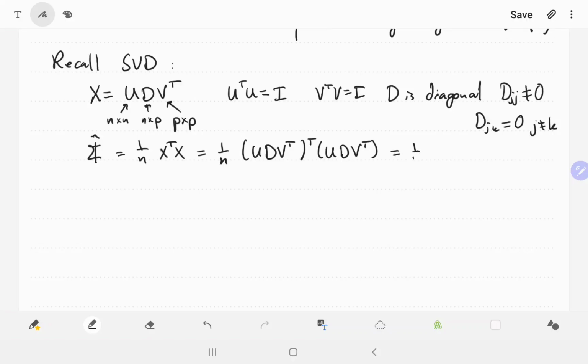This is equal to 1 over n times V D transpose U transpose U D V transpose. But of course, U transpose U is the identity. And so we get that this is equal to 1 over n V D transpose D V transpose.